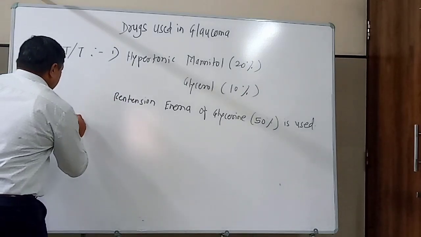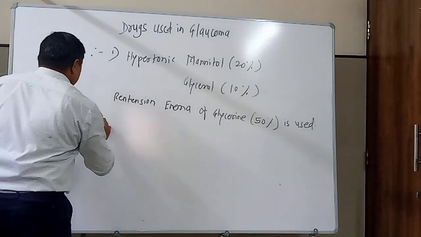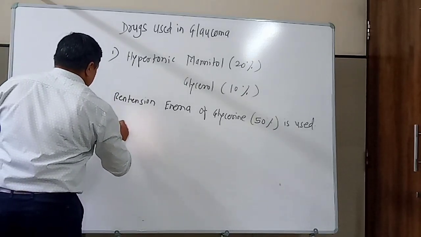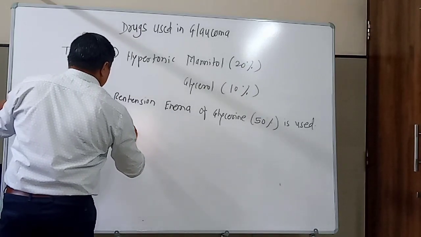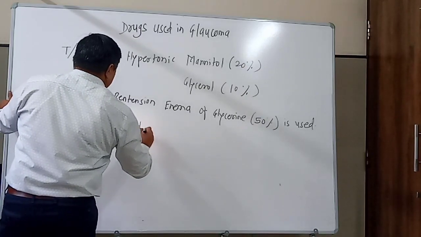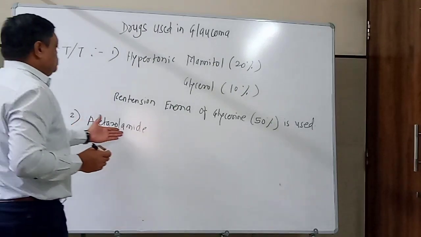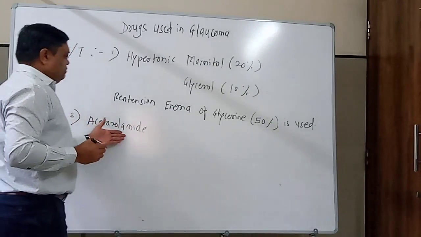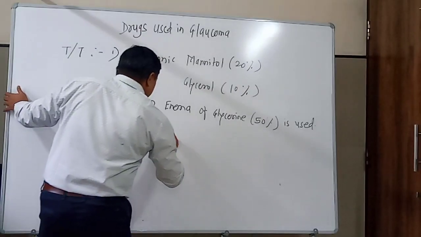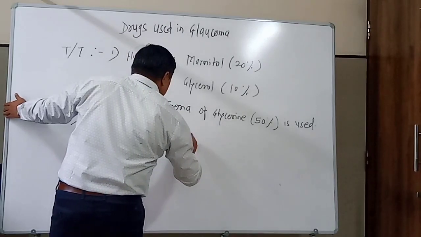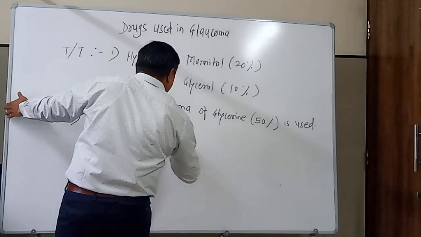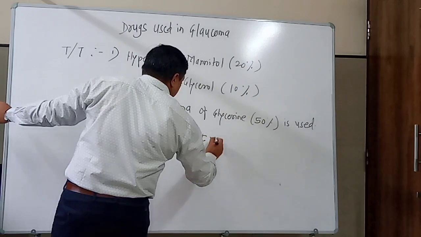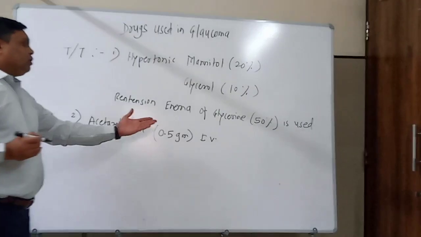Second is acetazolamide. Acetazolamide is used IV or orally. 0.5 gram acetazolamide is used IV to reduce the intraocular pressure.